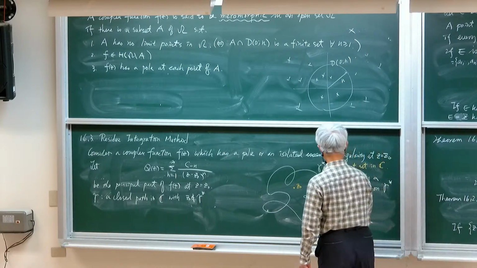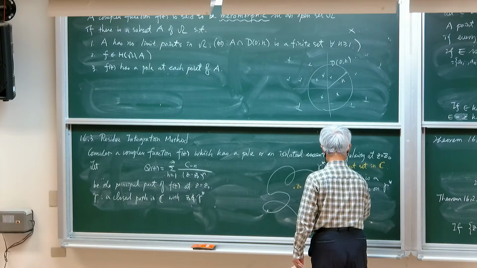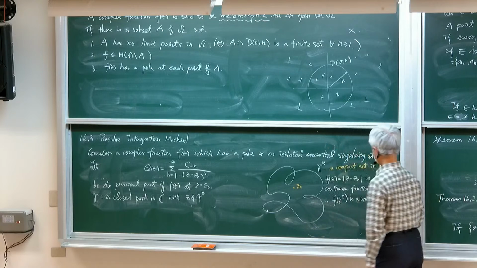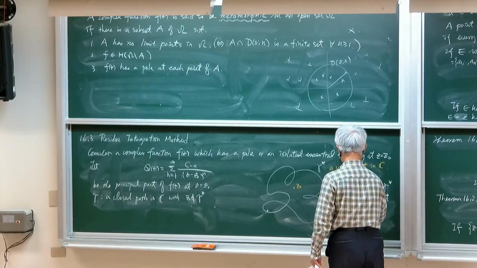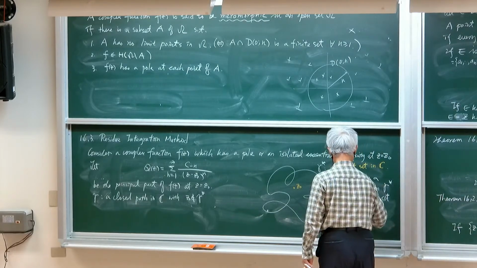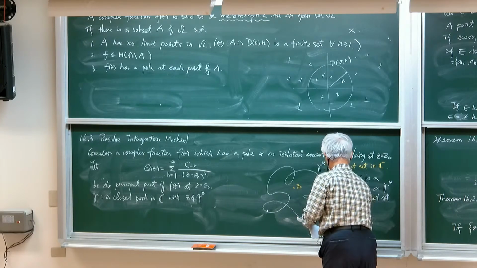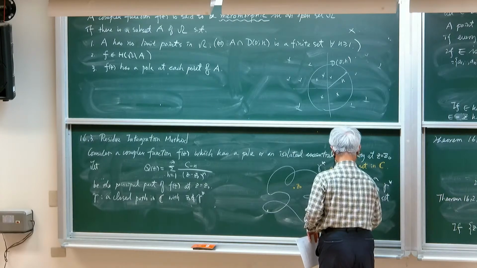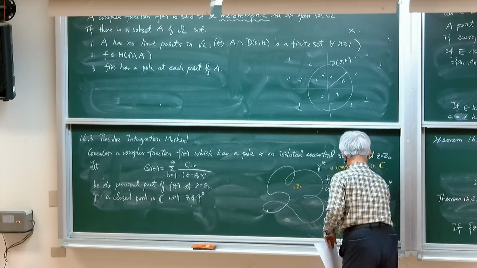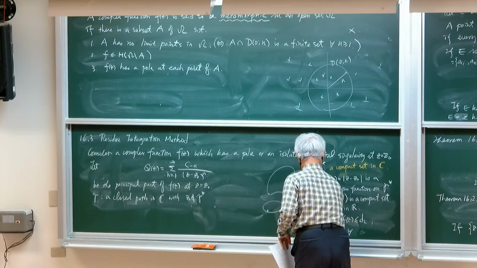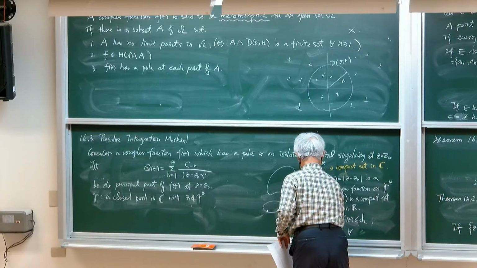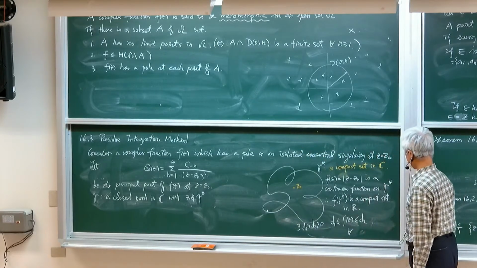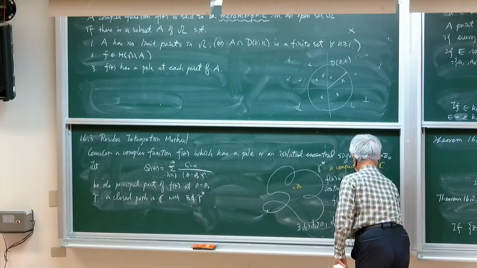So the image is also a compact set in R, so that there exist D1 and D2, such that D1 is less than or equal to f of z, which is less than or equal to D2, for all z in gamma star.